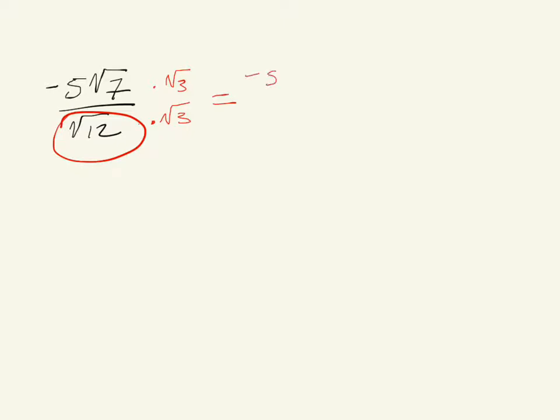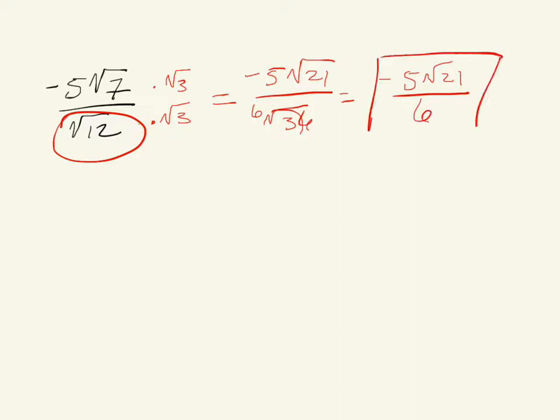So up top you have negative 5 roots of 21, and on the bottom you have the root of 36. Well, 36 comes out as a 6, so you have negative 5 roots of 21 over 6. That's your answer.